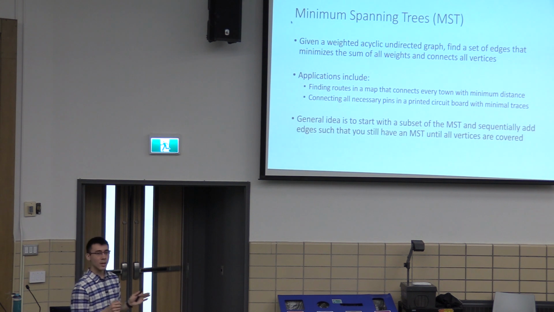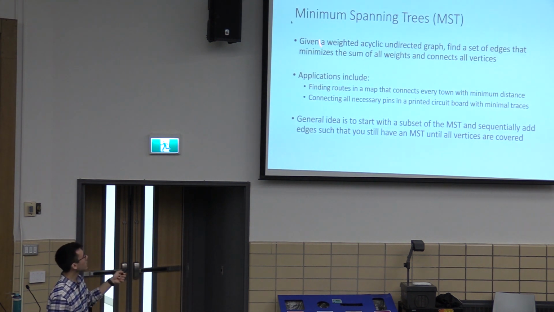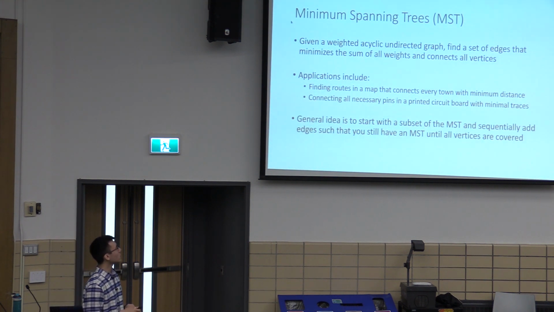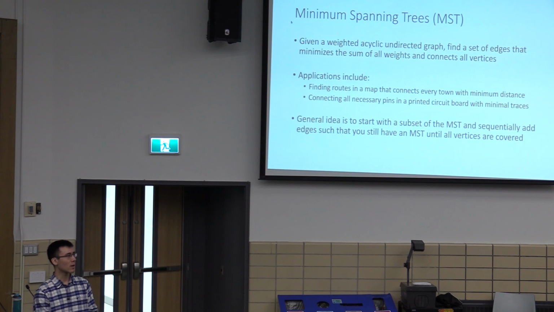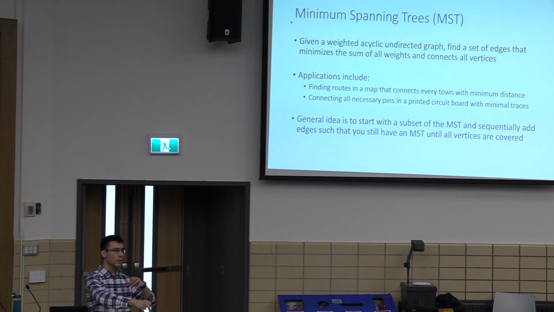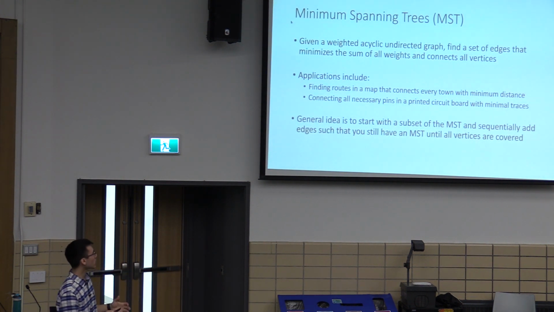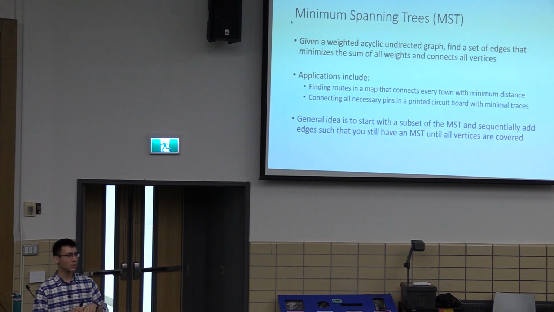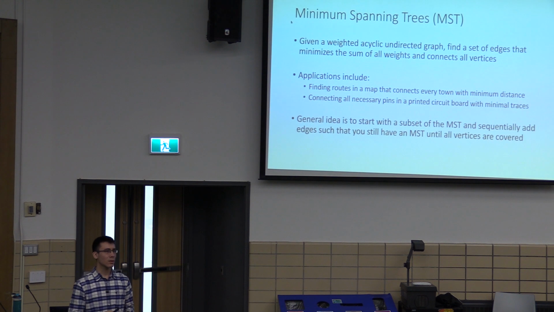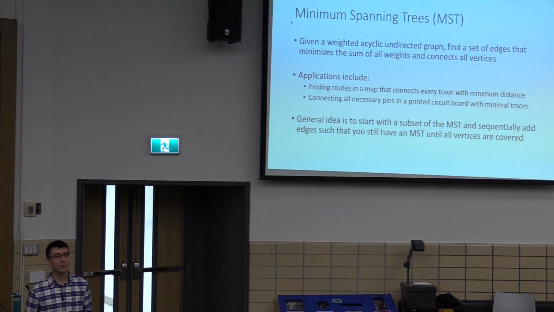So applications for this, that's a little bit abstract to say, but just think about it in terms of these applications here. So let's suppose you're given a map of different communities, and you need to actually create a sort of network, like a travel network that connects all of the different communities together.